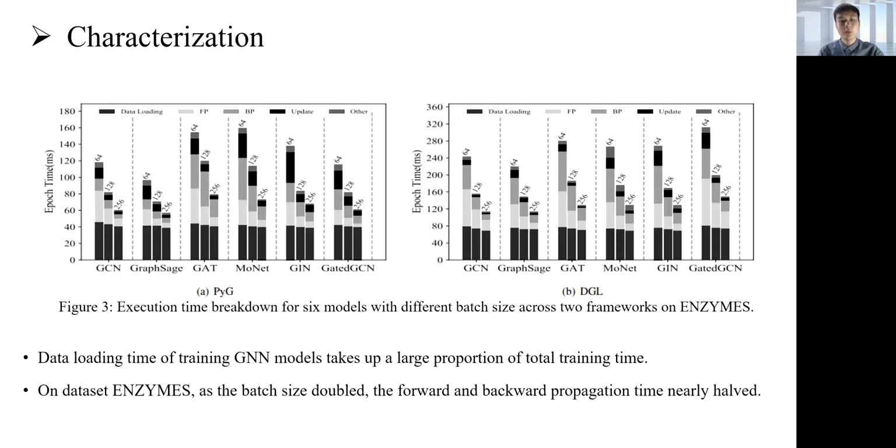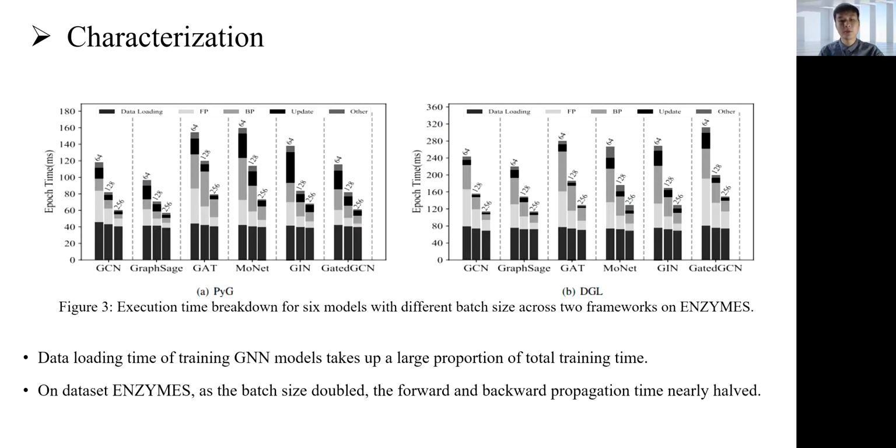In Figure 3, we show the execution time breakdown for 6 models with different batch sizes across these 2 frameworks on the dataset ENZYMES. As we can see from the figure, data loading takes up a larger proportion of total training time.